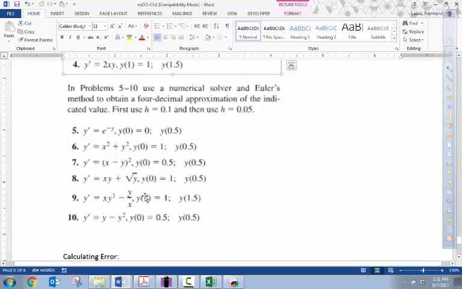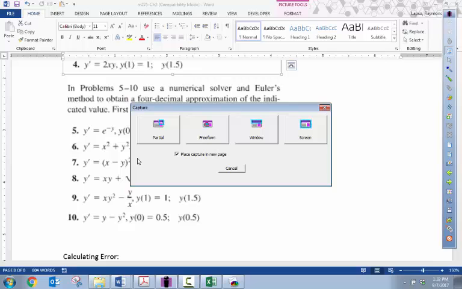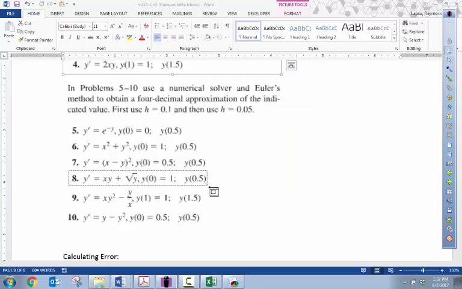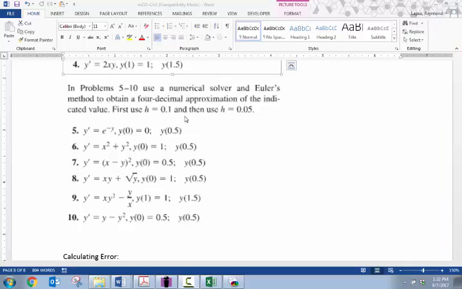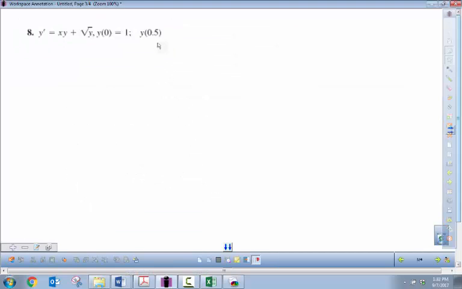Six, 7, or 8? 8. Wonder if I can draw slope fields here.